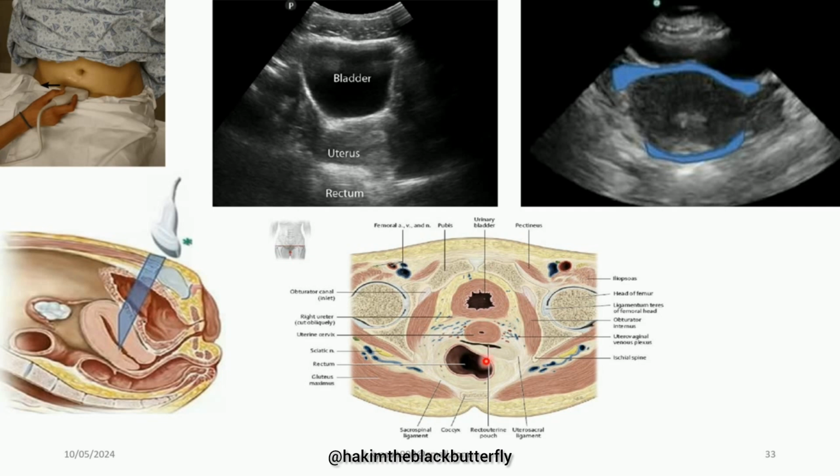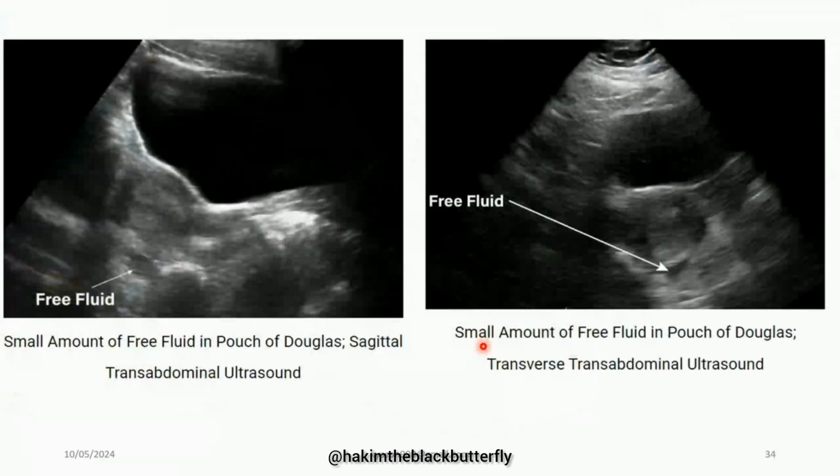Then between the rectum and the uterus, there is the recto-uterine pouch, or the pouch of Douglas. Okay, it's larger, as you can see. These spaces, or these pouches, can be sites where fluids can accumulate.